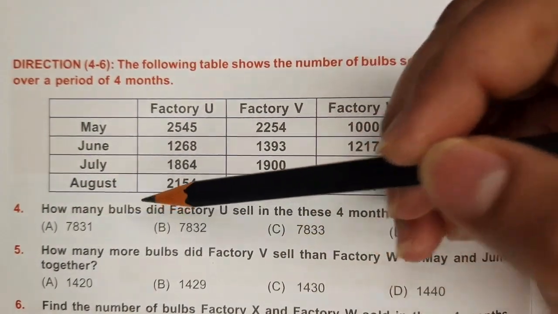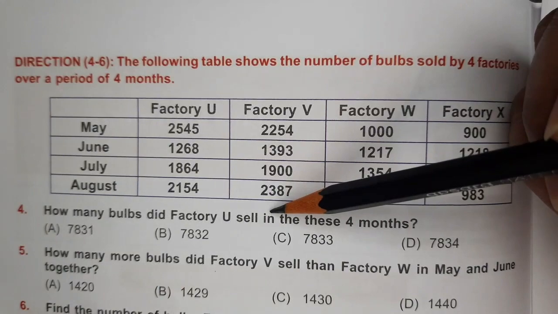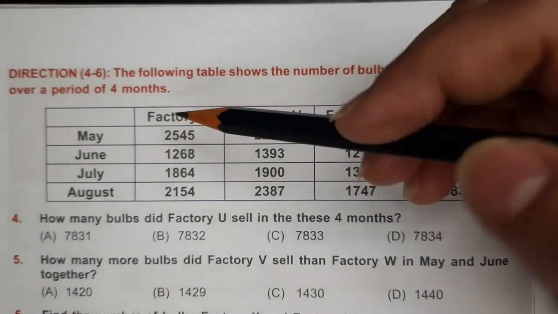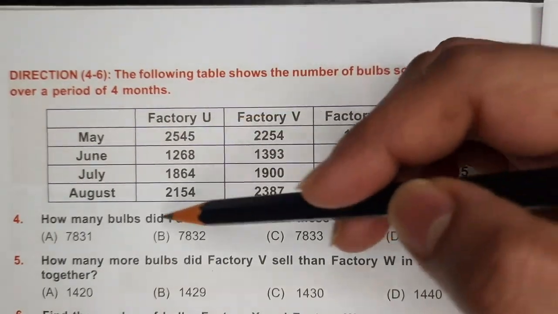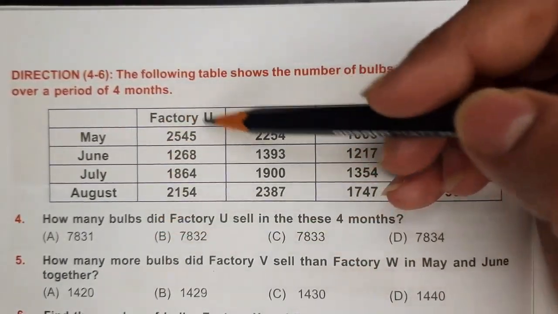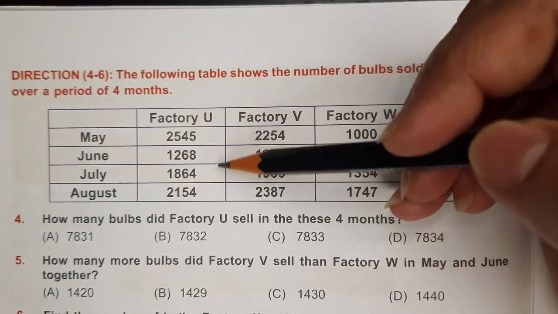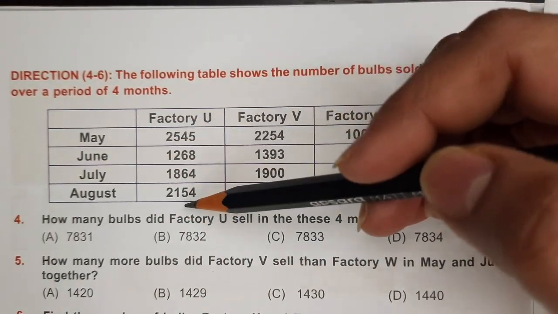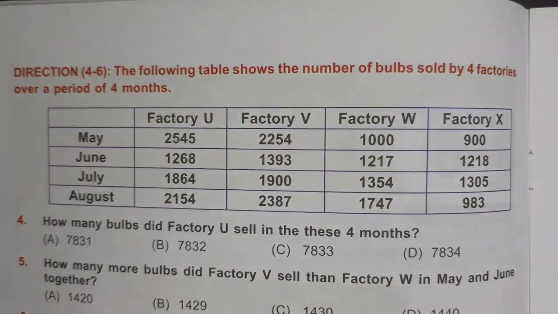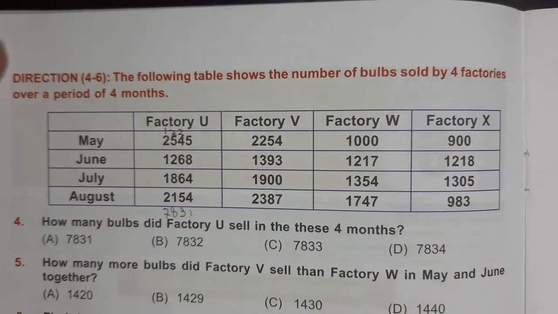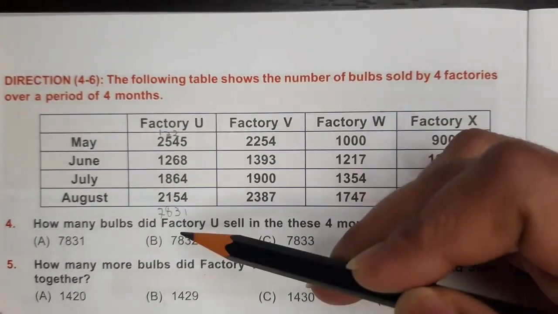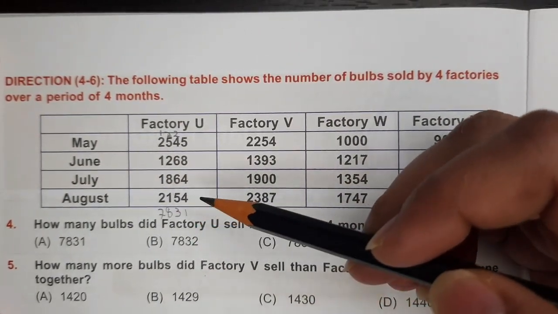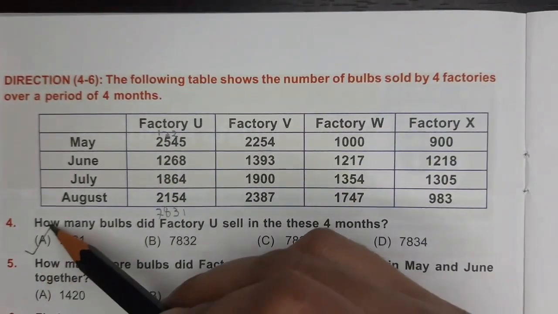How many bulbs did factory U sell in these 4 months? Which means we have to add them, find the total. So let me do that. Adding these numbers, I get 7,831, which is option A.